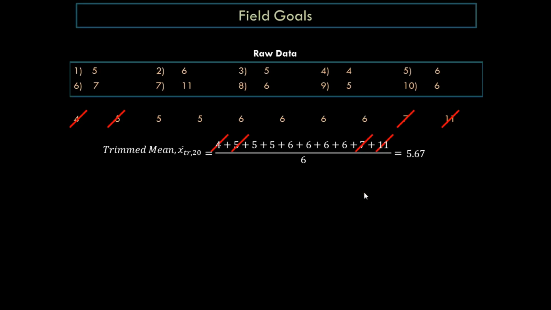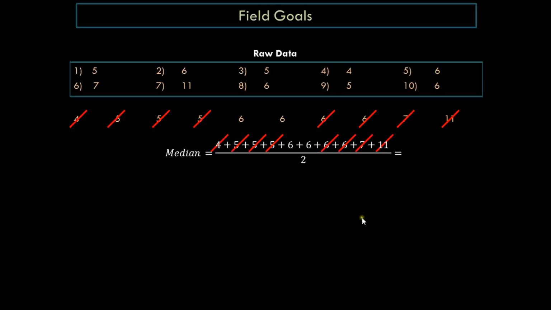Suppose we continue this further and remove more of our data, we will eventually approach what we call the median. As we trim our data further, we will get an idea of where the center is located, and we will approach another statistic used to measure the central tendency of our data, which is the median.